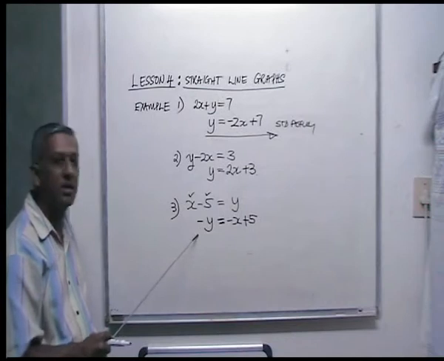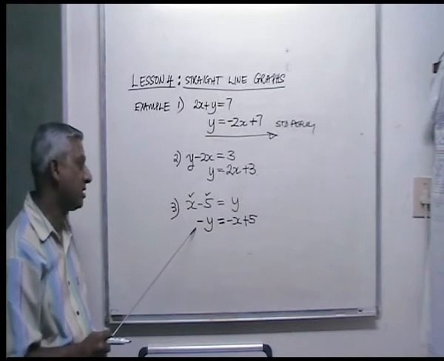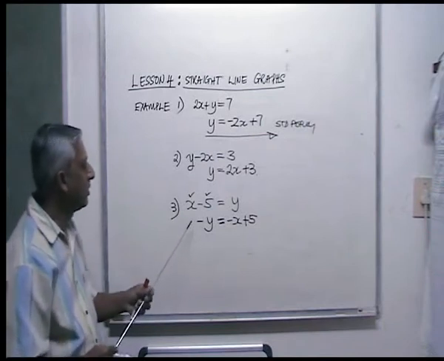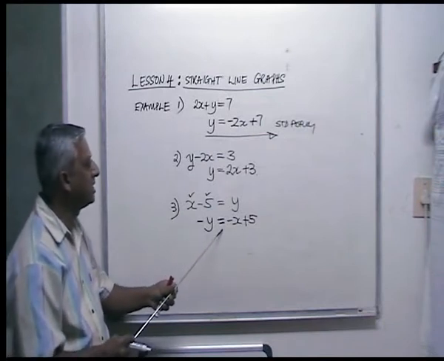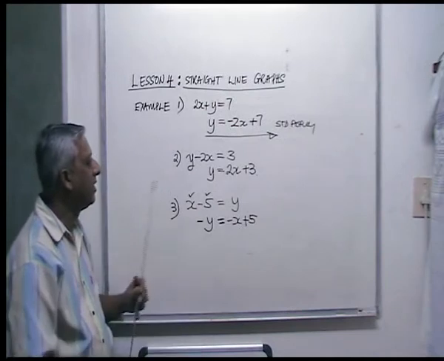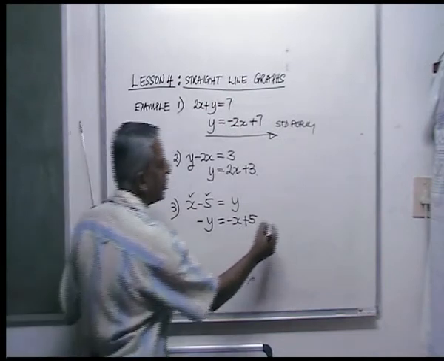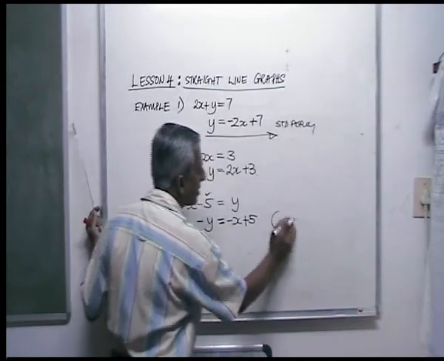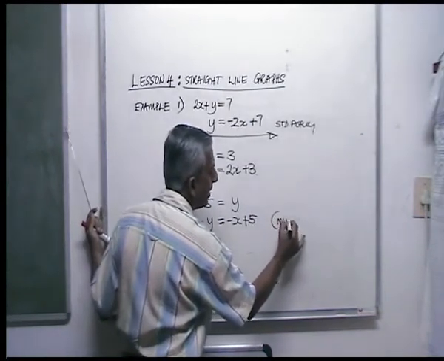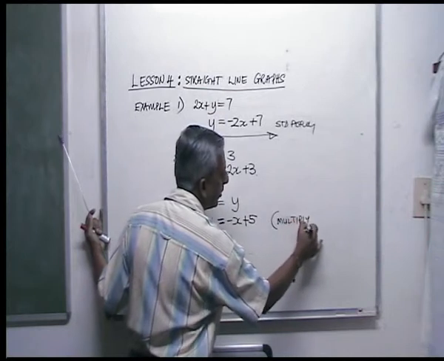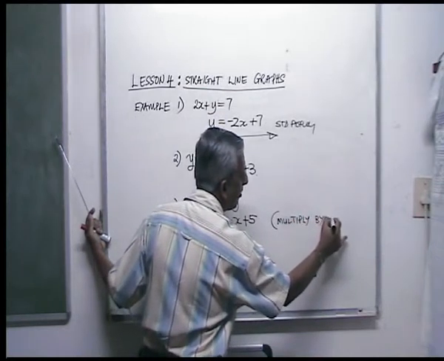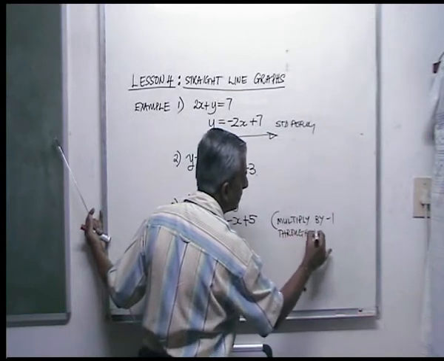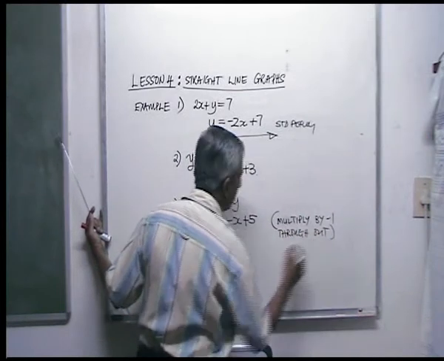Now watch carefully, you got minus y. So this is not yet in standard form. You have to do a little bit more work. According to the rules of equation, if you got minus y is equal to minus x plus 5, you got two choices. You can multiply by minus 1 throughout.